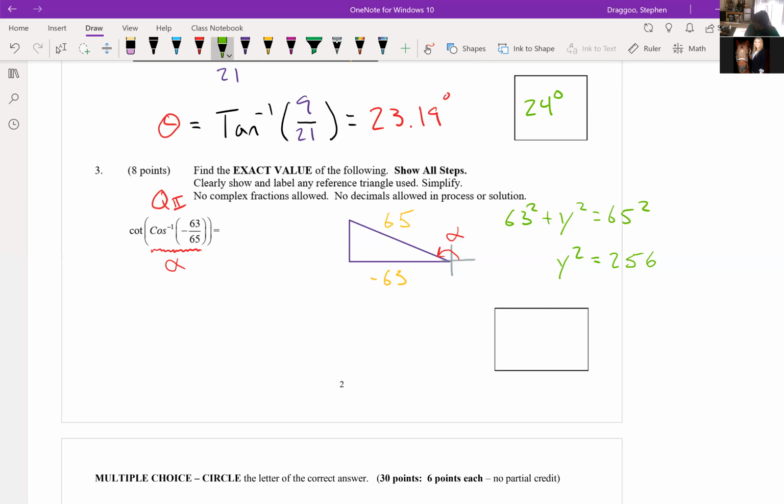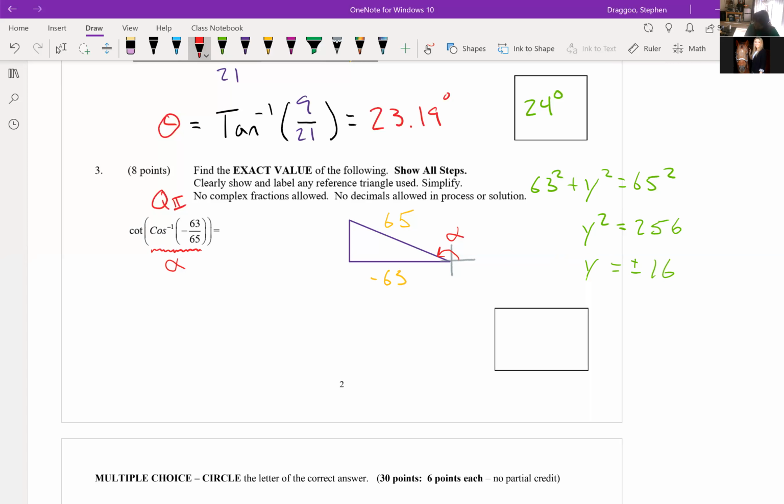Which I believe means that y is plus or minus the square root of 256, so y equals plus or minus 16. Right, cool. Y is either positive or negative 16.